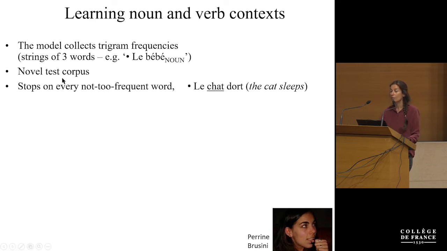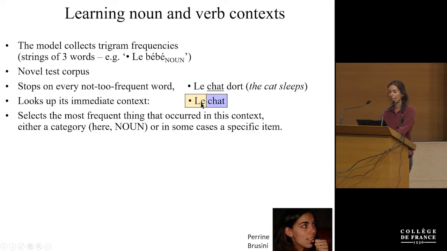Then we test it on a test corpus. It will stop on every word that is not too frequent, like cat here, and attempt to categorize it by looking at its immediately preceding context, in that case, beginning of sentence followed by le. And it will give as answer the thing that occurred most frequently in that context.